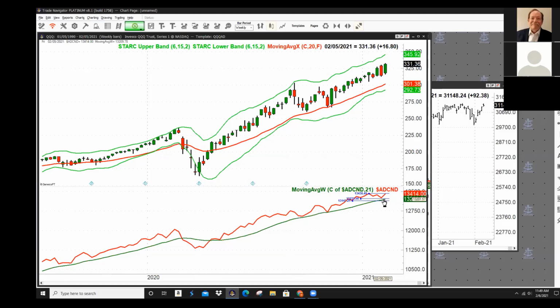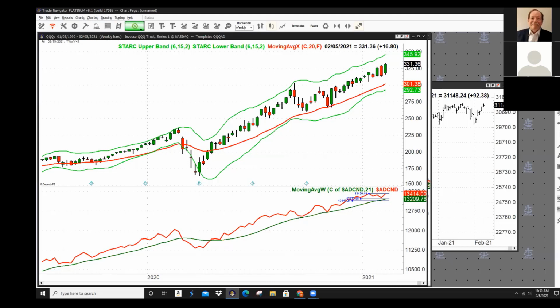So both are well above their moving average. Only the Dow AD line dropped below it. So, typically, as long as you're making higher highs, I'm not looking for a bear market. However, obviously the odds of a sharper correction are pretty high there.